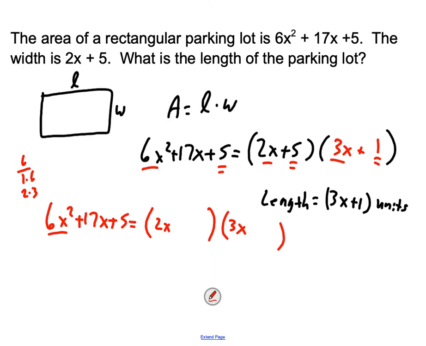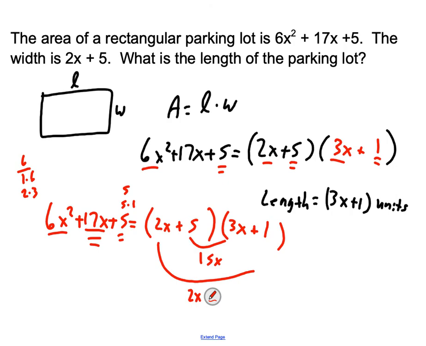And then what times what is 5 over here? Well, it would have to be a 5 and a 1. So I'm going to guess a 5 and a 1 in that order. Check the inners and outers. Do they add to give you your 17x? Yes, they do. So that does work.